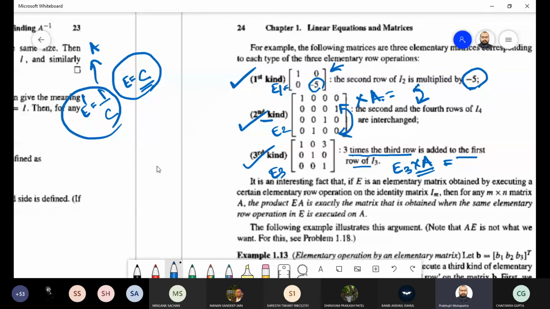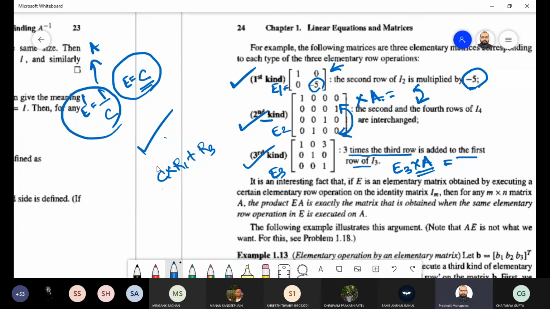Similarly, if you interchange any two rows, you again interchange them, you will get your original matrix. That is also possible. And here, if you are multiplying a constant with any row and adding it to any row, so what can you do?